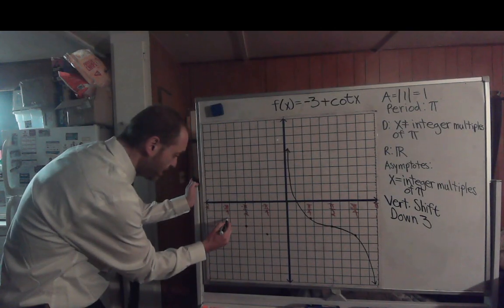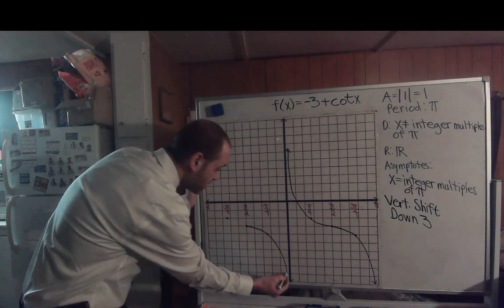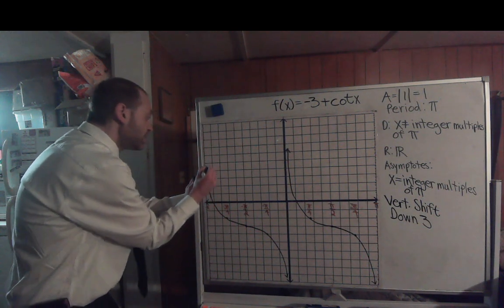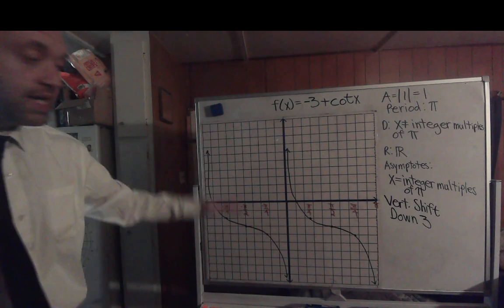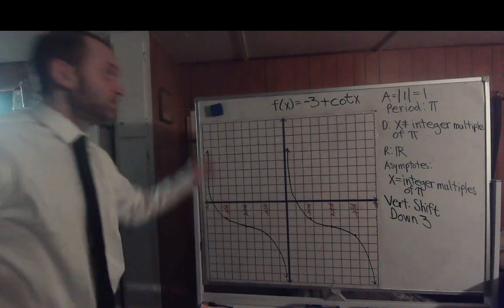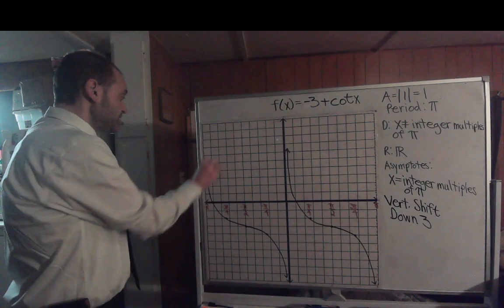Subtract 3 from that, you'll be down to negative 2. So here's your cotangent curves shifted downward 3 units. Alright, so we've done vertical shifts. Now let's talk about horizontal shifts.